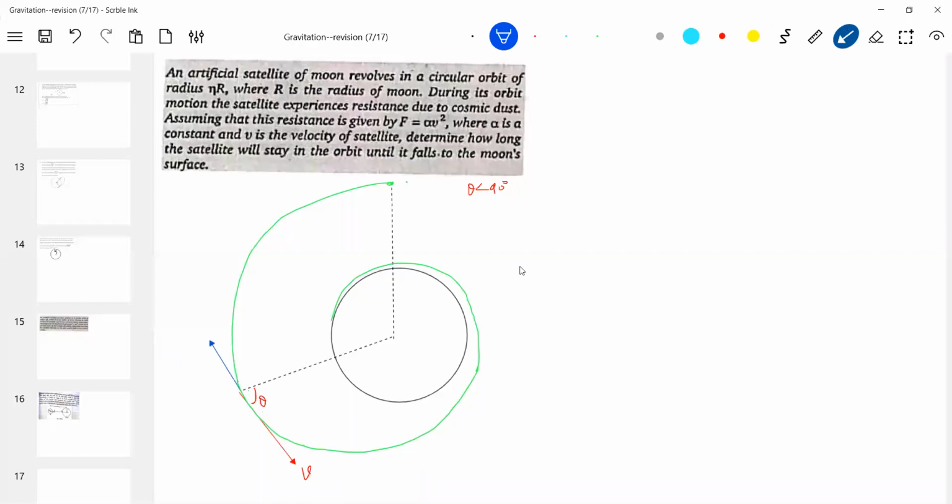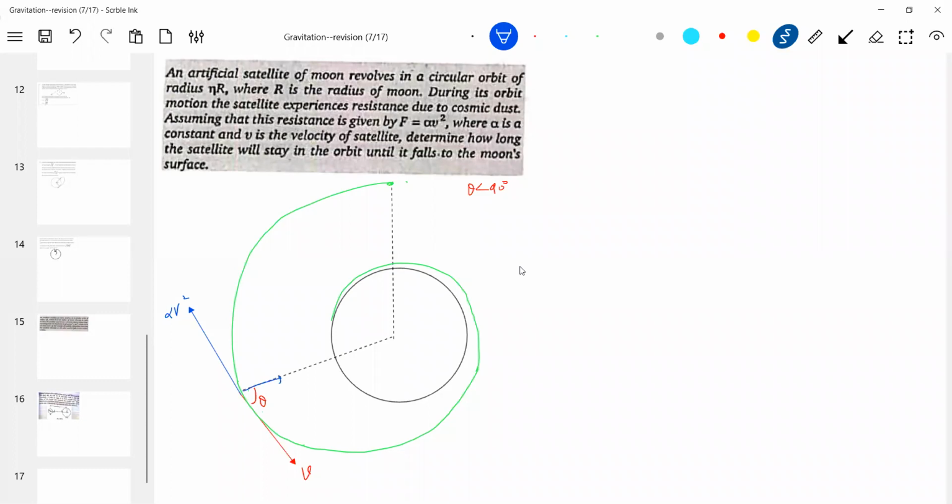Please, all of you make observations, because how we take the forces matters a lot. Alpha v square. How will the gravitational force act? So here I'll resolve this velocity.